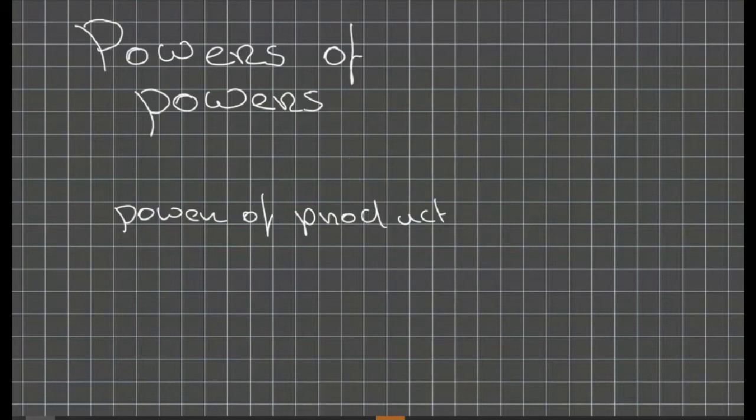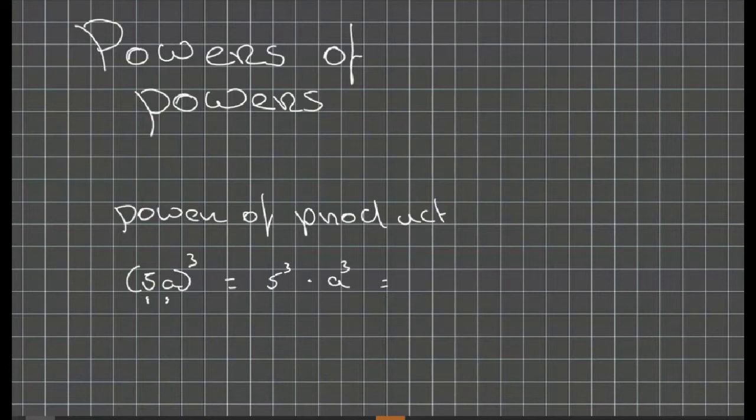Let's start a bit easy with (5a) to the power 3. Well, if I write this out, this means that between brackets, the whole 5a has to be raised to the power 3. So each factor of the product is raised to the power 3, which actually means I can write it out like this.